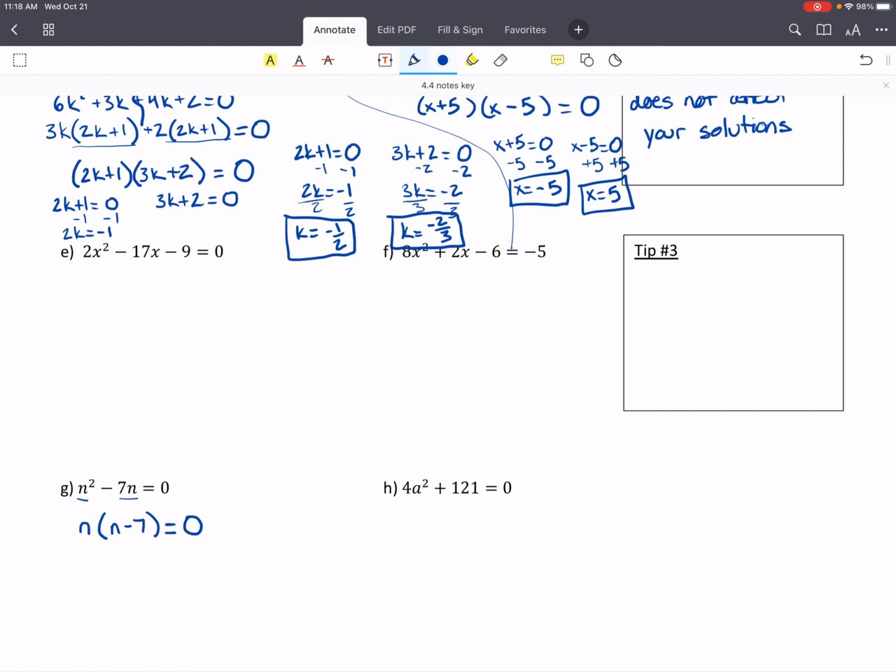And in this case, I know that two things multiply to be 0, so one of them has to be 0. So that tells me that either n out here has to be 0 or n minus 7 has to be 0. Well, that variable is already by itself, which is cool.